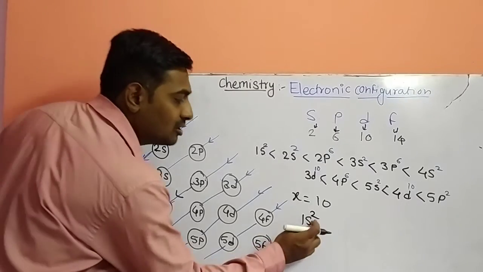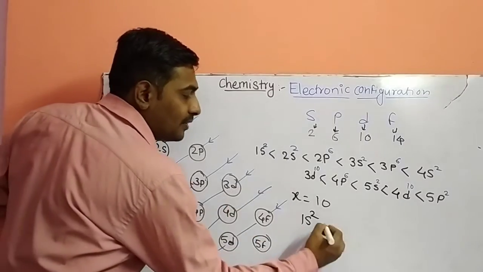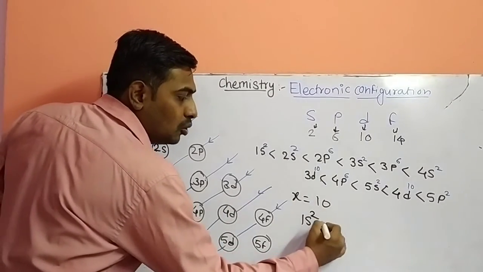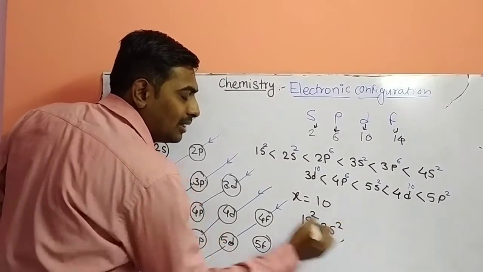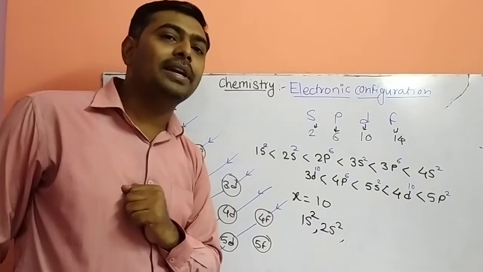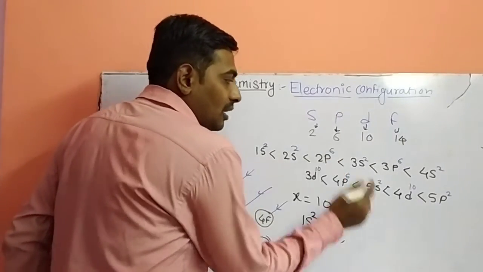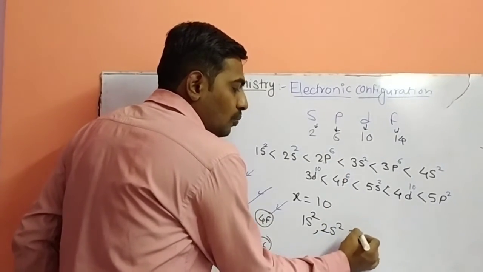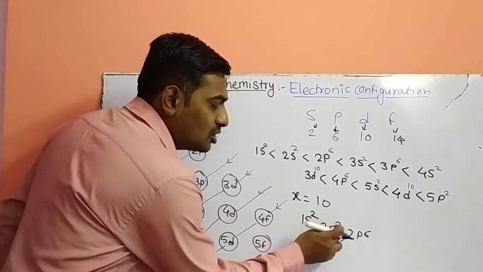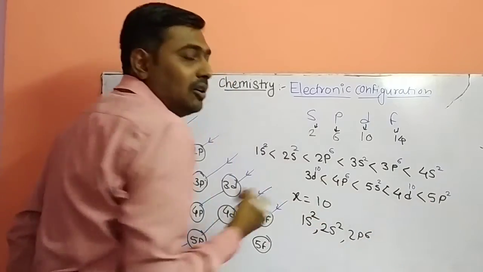Then 2s is filled with 2 electrons, so 4 electrons are completed and 6 electrons remain. So it is 2p6, that is 2 plus 2 plus 6, which makes 10. We have to follow this sequence to fill the electrons.